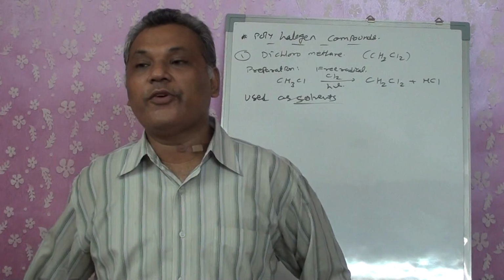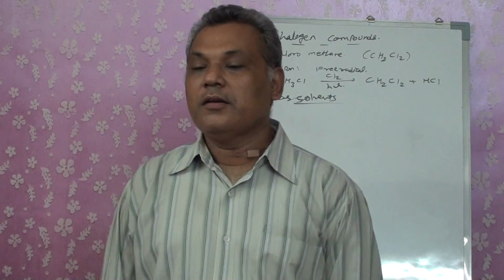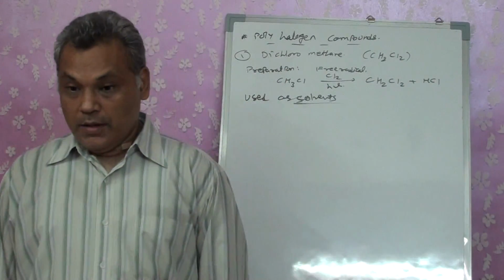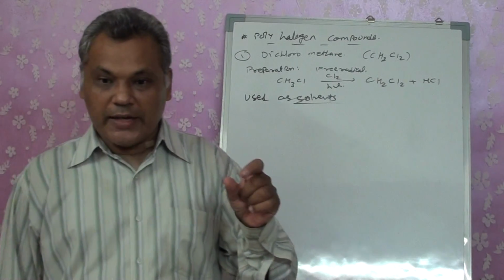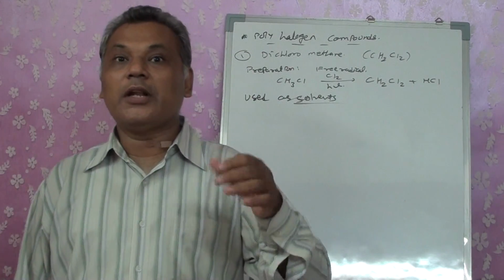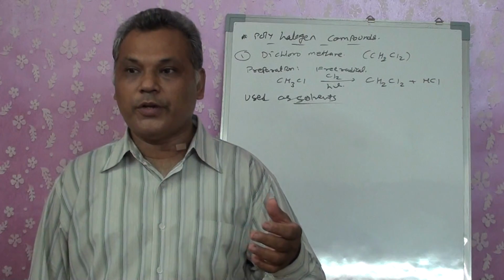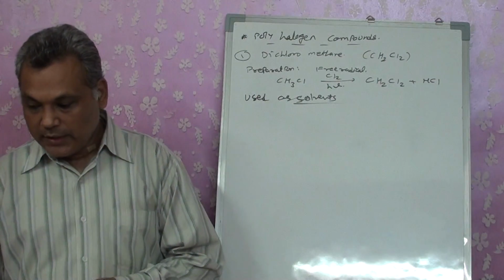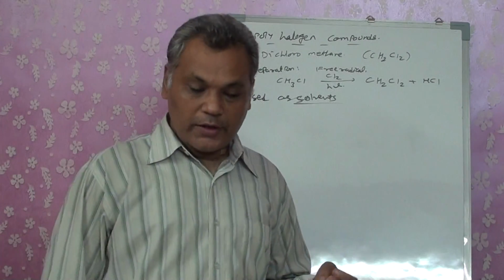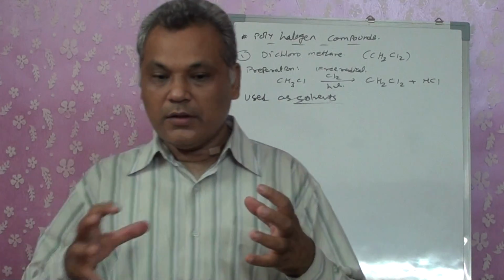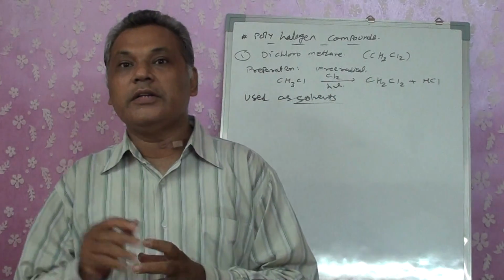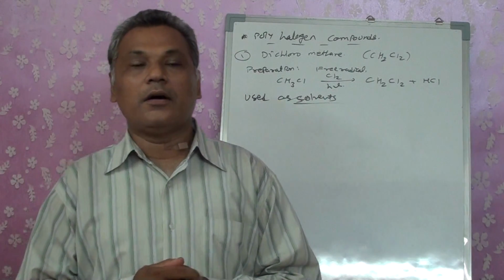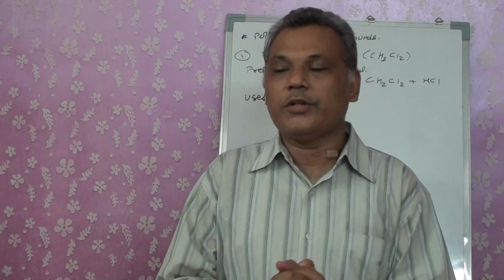So it affects our hearing and vision. If you are exposed to a large amount of it in the atmosphere, it can cause numbness in the fingers and toes, dizziness, and headache in the human body.